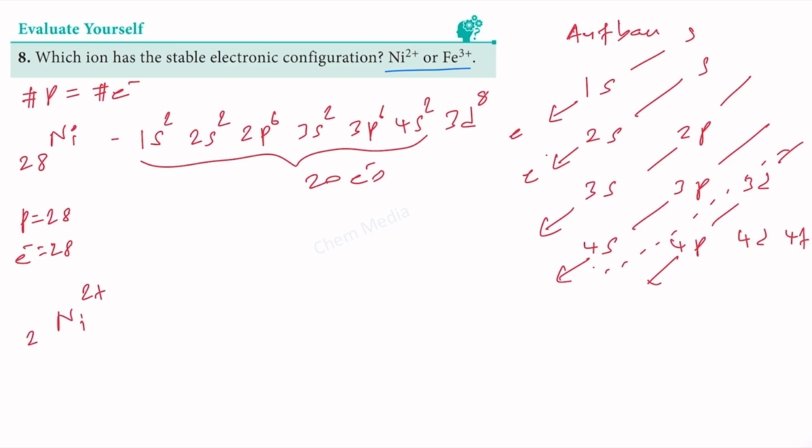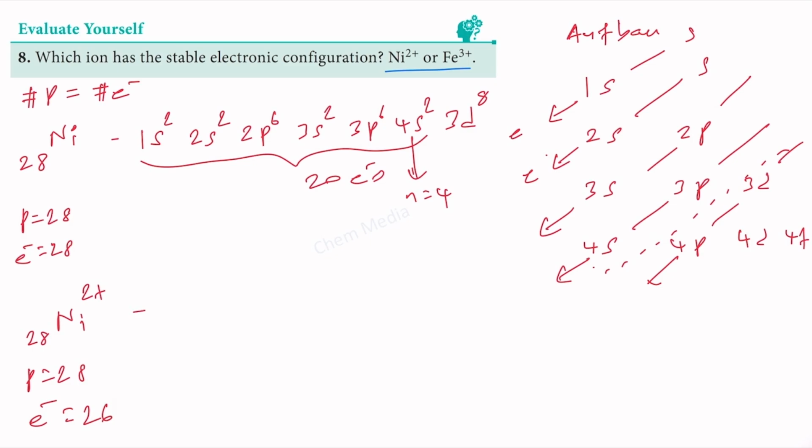Now, if we say nickel 2+, this means we removed 2 electrons. Now, the number of protons will be the same, but the number of electrons will be 26. Electrons must be removed from the outer orbit. Here the n value is 4. Therefore, electrons must be removed from 4s2 first.